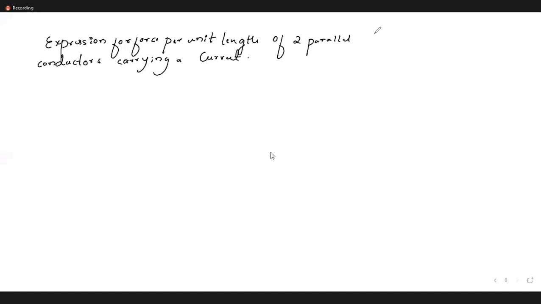Carrying a current. Okay, is it clear? So let me take two conductors.